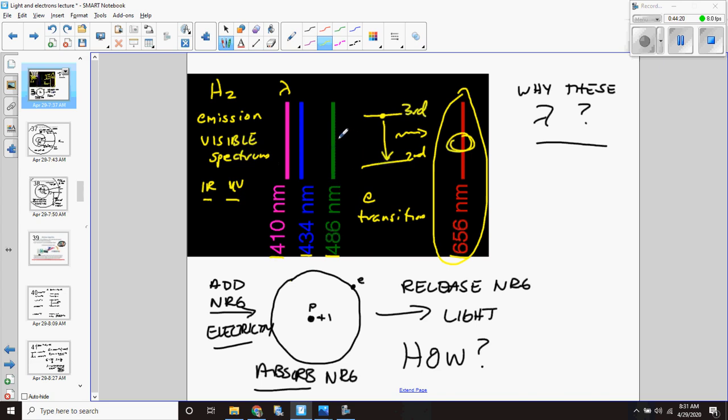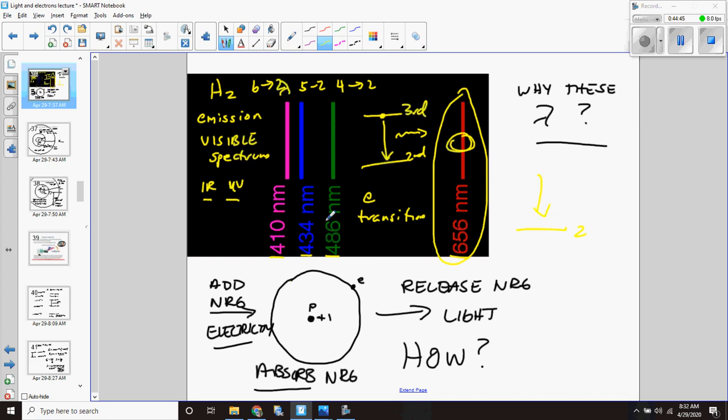What we know today is that this green light is a transition from the fourth shell to the second. This blue is fifth shell to the second, and this purplish is from the sixth shell down to the second. In fact, all four colors of this light represent transitions all the way back to the second shell.